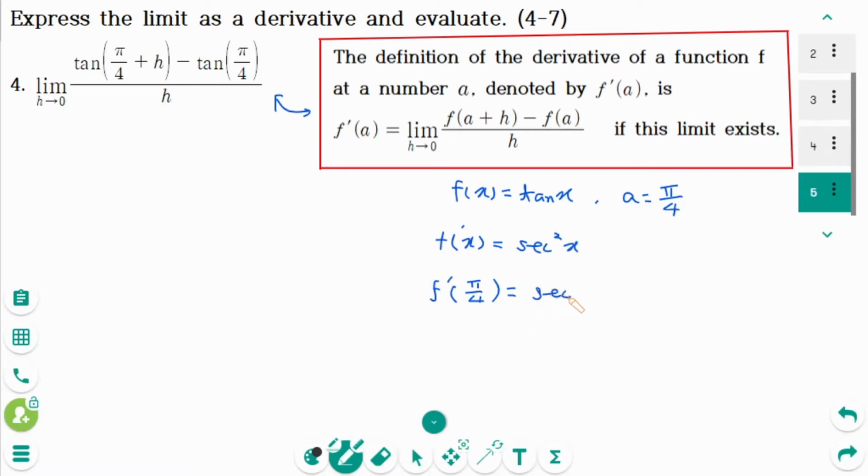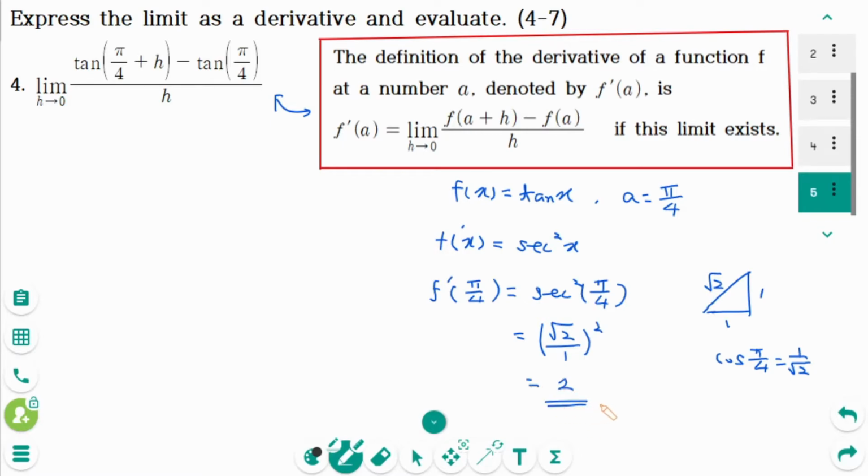Then secant squared pi over 4 equals, use the triangle, 1, 1, square root of 2, then cosine pi over 4 equals 1 over square root of 2, then secant pi over 4 is the reciprocal, which is square root of 2 over 1, then squared, which is 2. That is the answer.